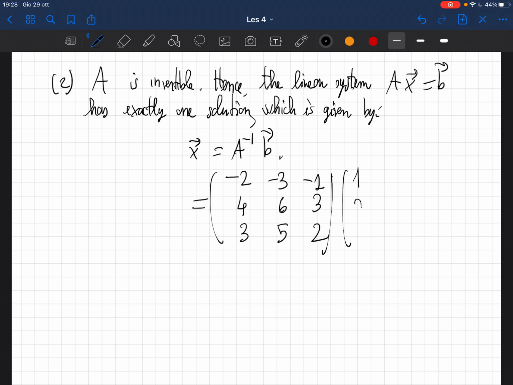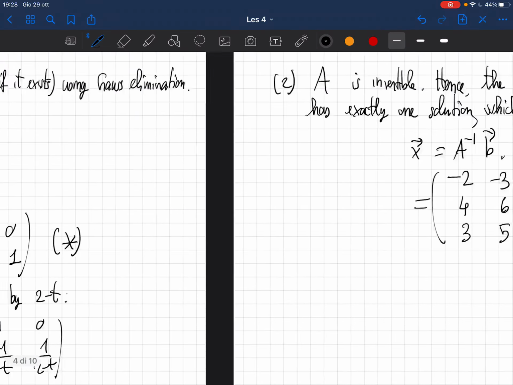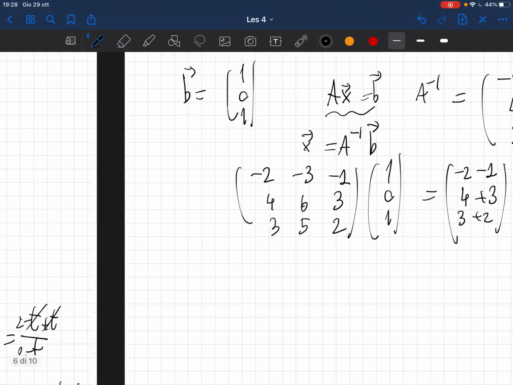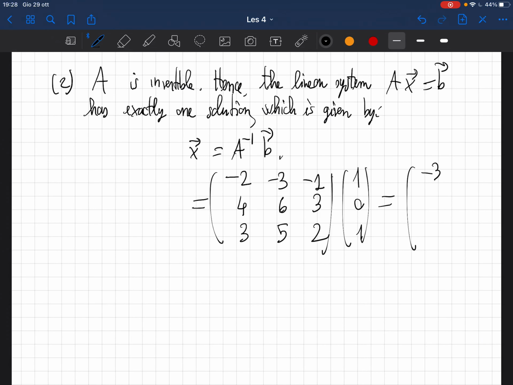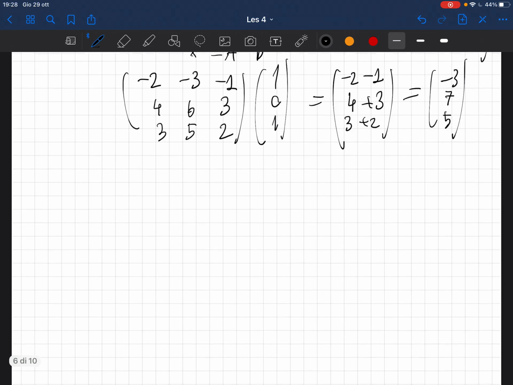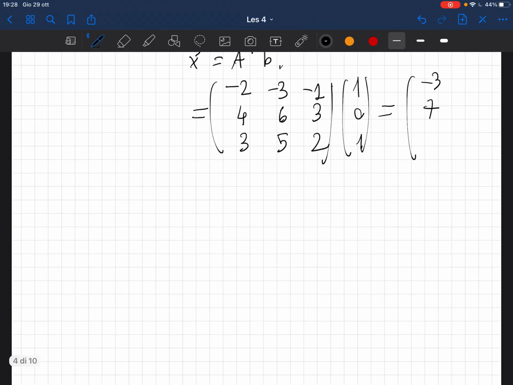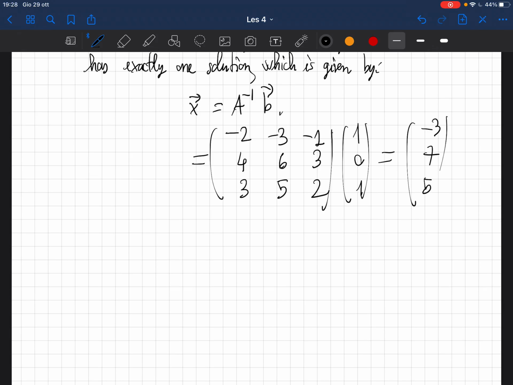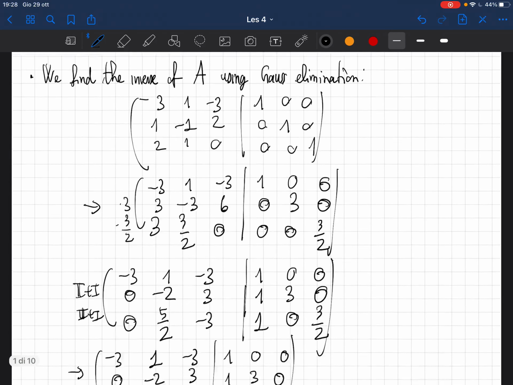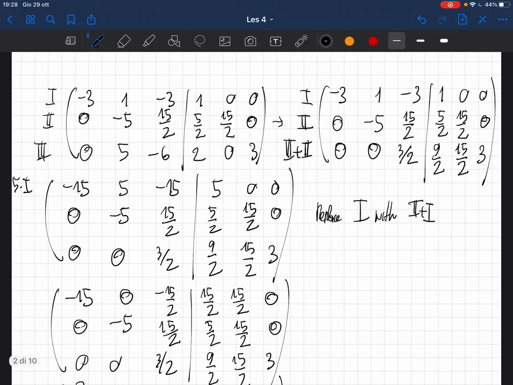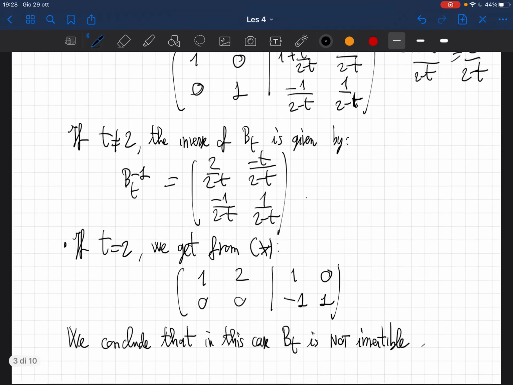And b was this, and then you just compute, and it is what it is. We've done it. What was it? Minus 375, but it's not really important even if you make a mistake here. It's not a problem. Very good. So this is for the first exercise, which was not really hard, but kind of long and boring.